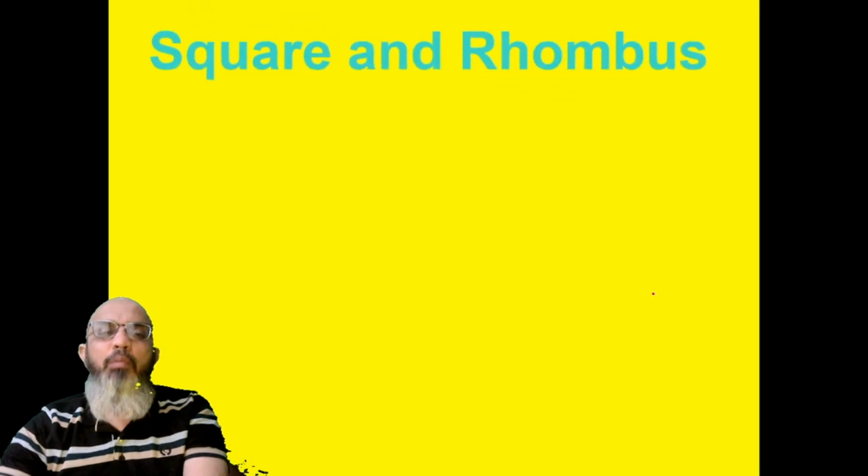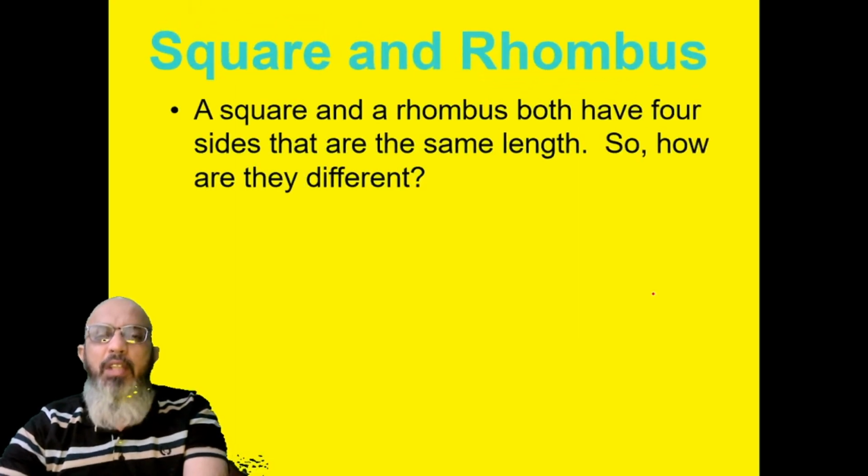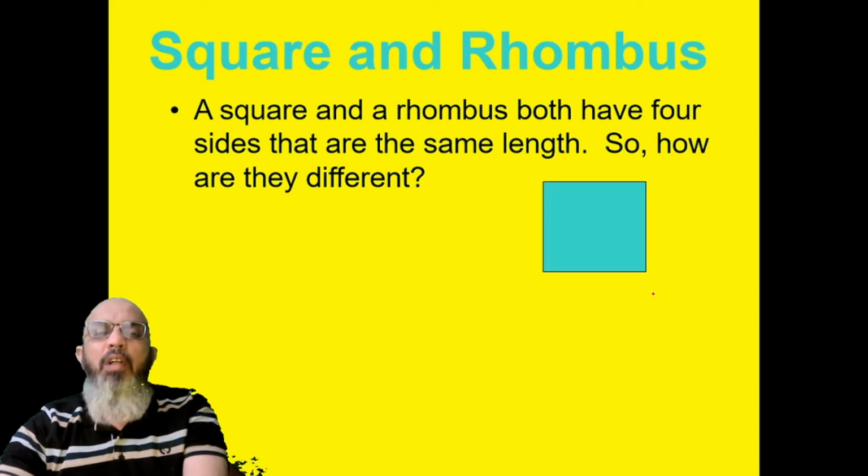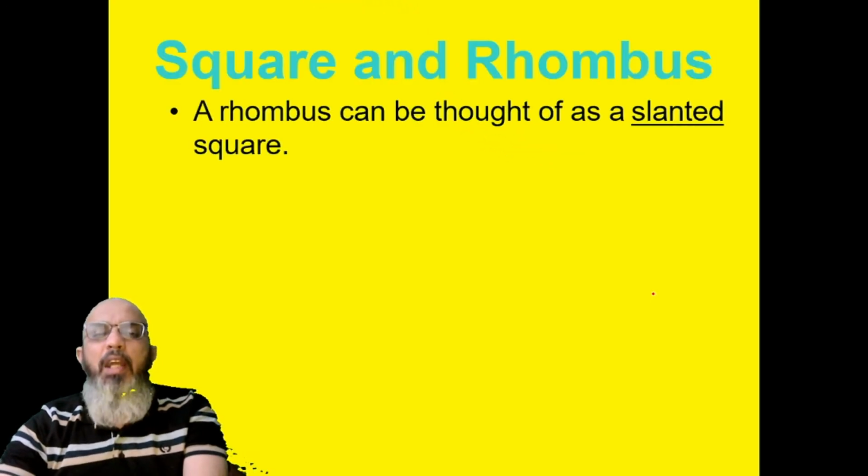So what is the difference between a square and a rhombus? Both have four sides of the same length. How are they different? Now you can answer this question: a square has four right angles, and a rhombus does not have right angles. How can we get a rhombus? A rhombus can be thought of as a slanted square.